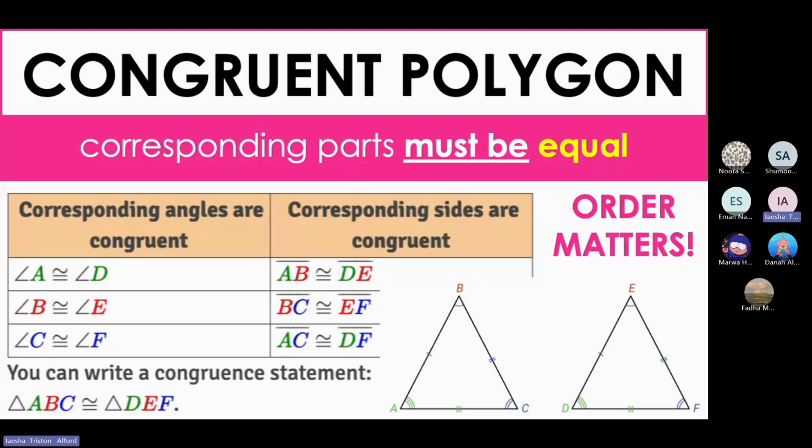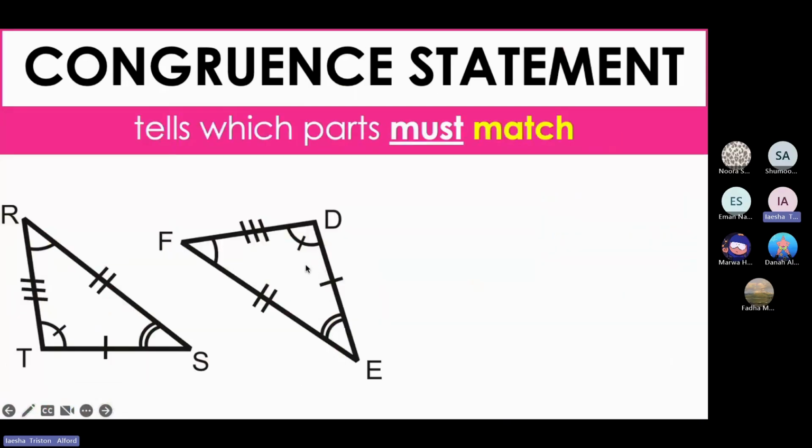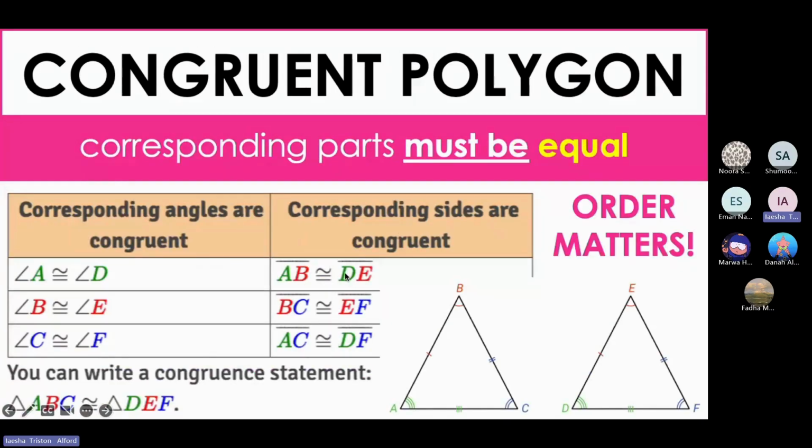Remember, the order is important when you're writing about the sides and the statement. If A is matching with D, when you write it in the sides, A is first, so D should also be first. If B is matching with E and B is in the second place, E should be in the second place.